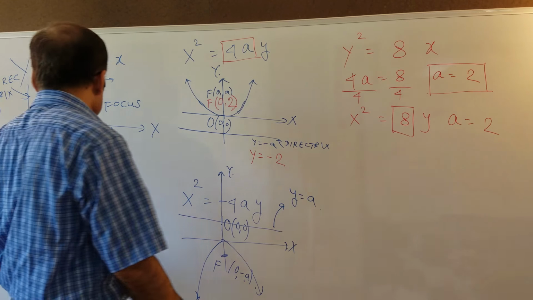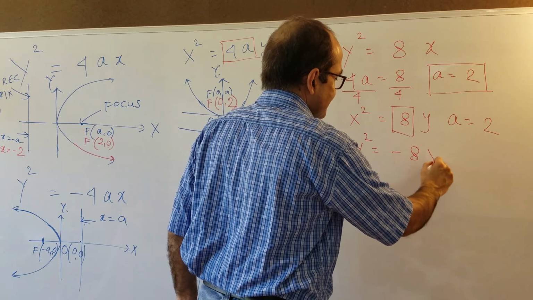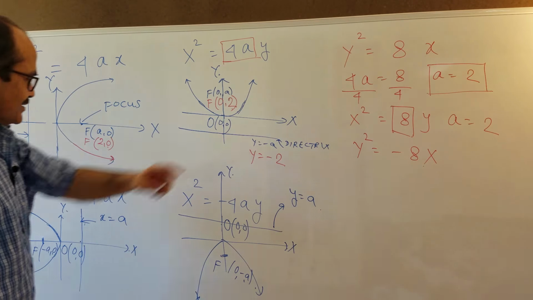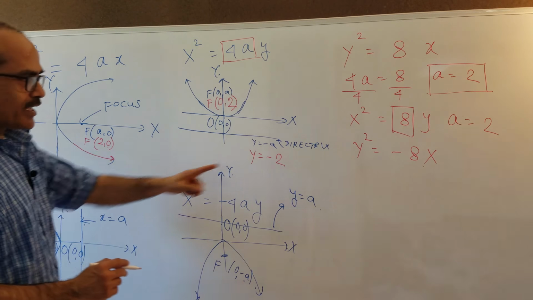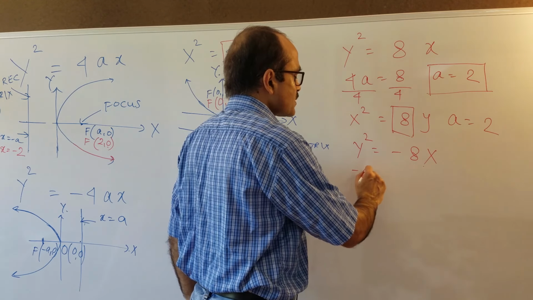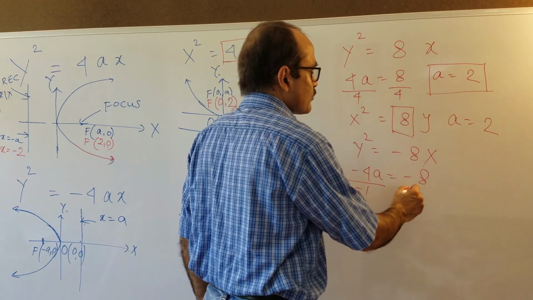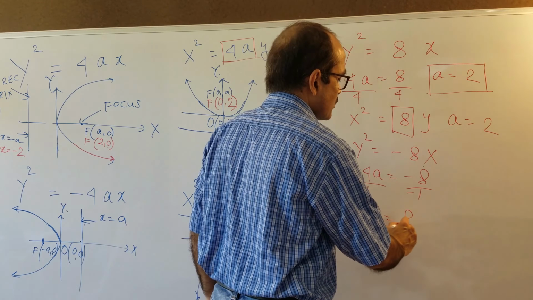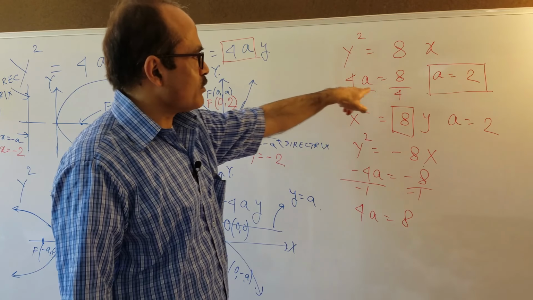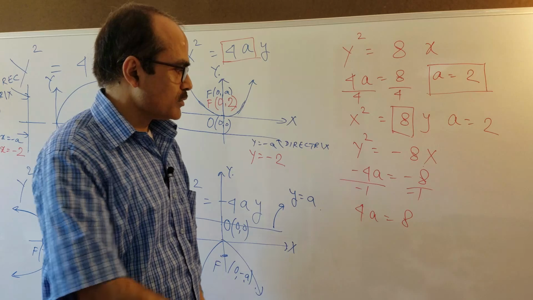Next example, y squared equal to minus 8x. So, this is similar to this equation y squared equal to minus 4ax. So, here minus 4a is minus 8. So, dividing both sides by minus 1, we get 4a equal to 8. So, 4a equal to 8 is the same equation as what we used in the first example.